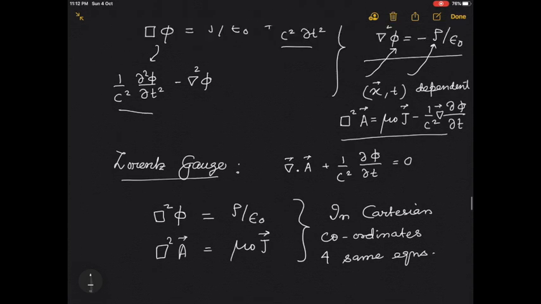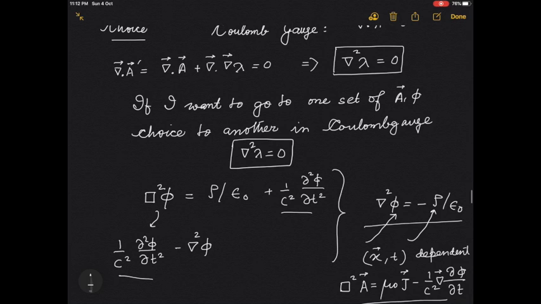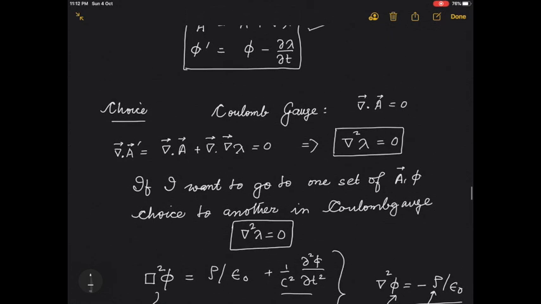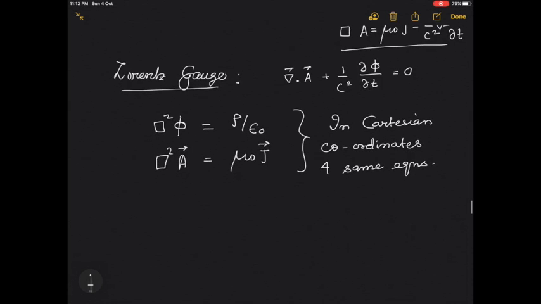What else? Well, divergence of A I have chosen such that divergence of A plus 1 by c square del phi del t is 0.